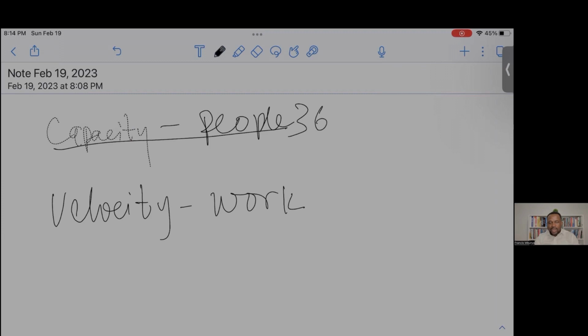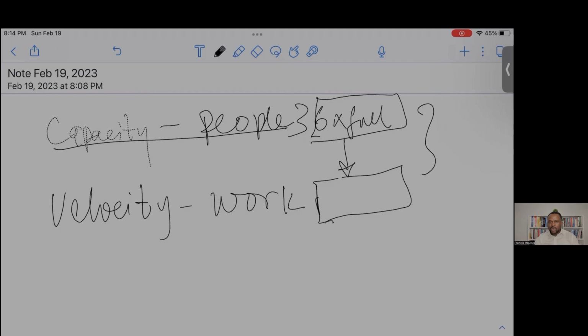We're talking about, okay, we have 6 developers and all of them available full-time, right? This is our capacity. We have 6 developers available full-time. Now, when we talk about velocity, we say, how much work can these 6 developers complete within a defined period?